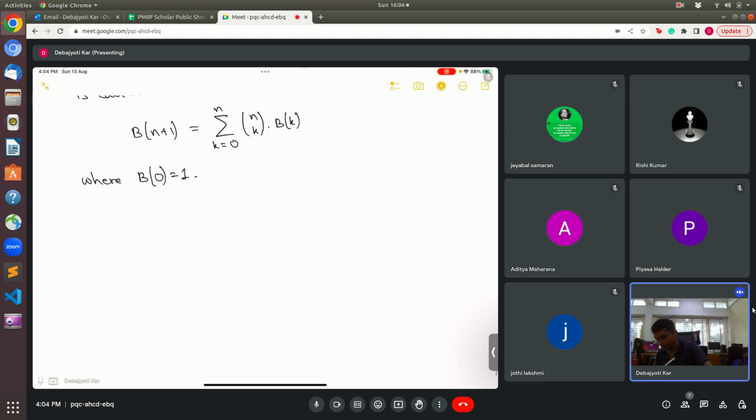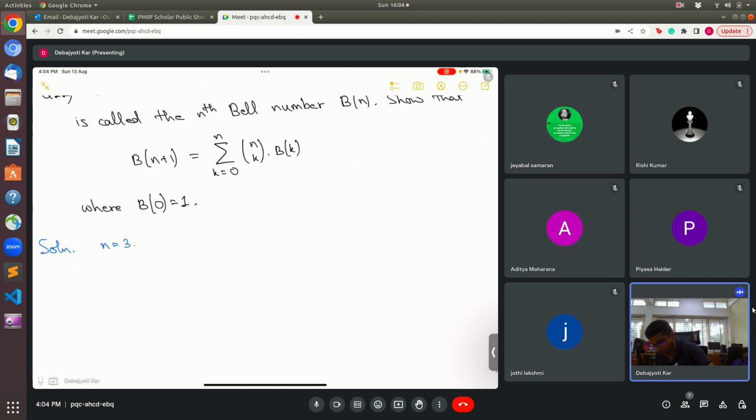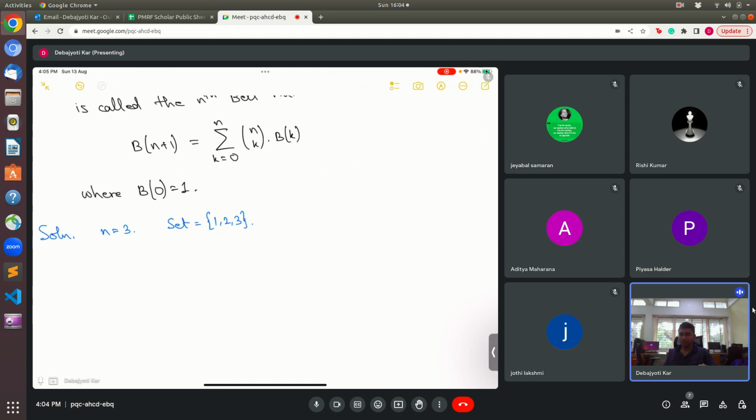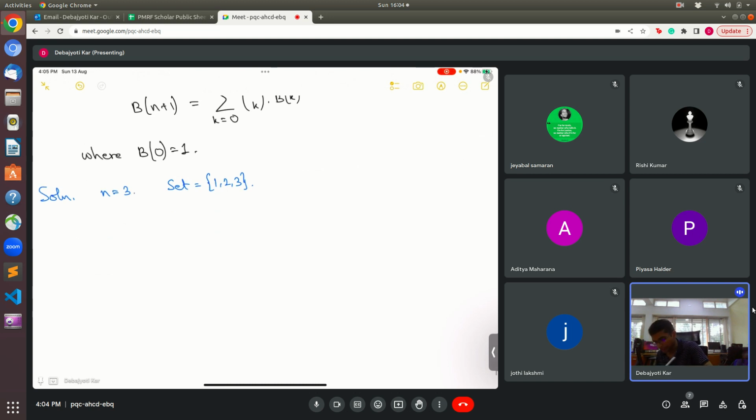So let's consider some example. Suppose n is equal to 3, let's say. That is, my set is 1, 2 and 3. So what does a partition of this set mean? It means we have to partition these 3 numbers into some disjoint sets. So what are the possible partitions of this? One possibility is you take the empty set and 1, 2 and 3.